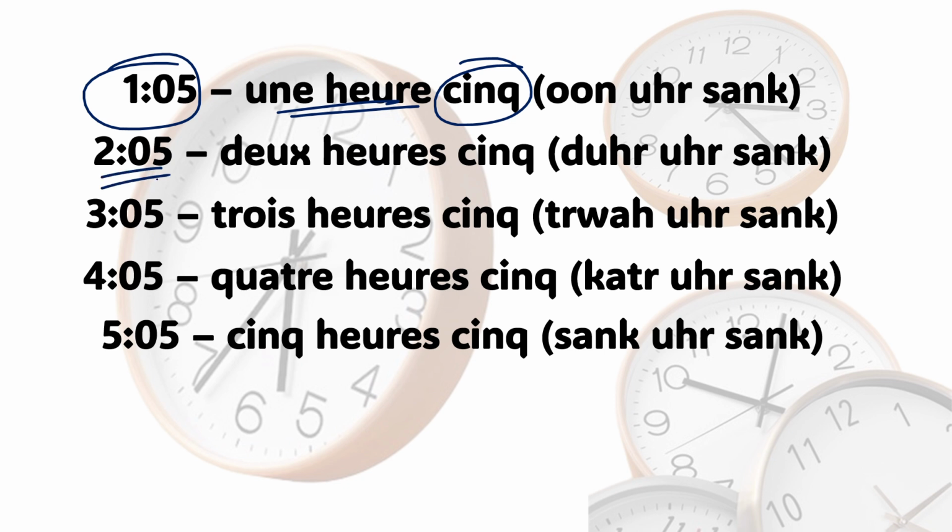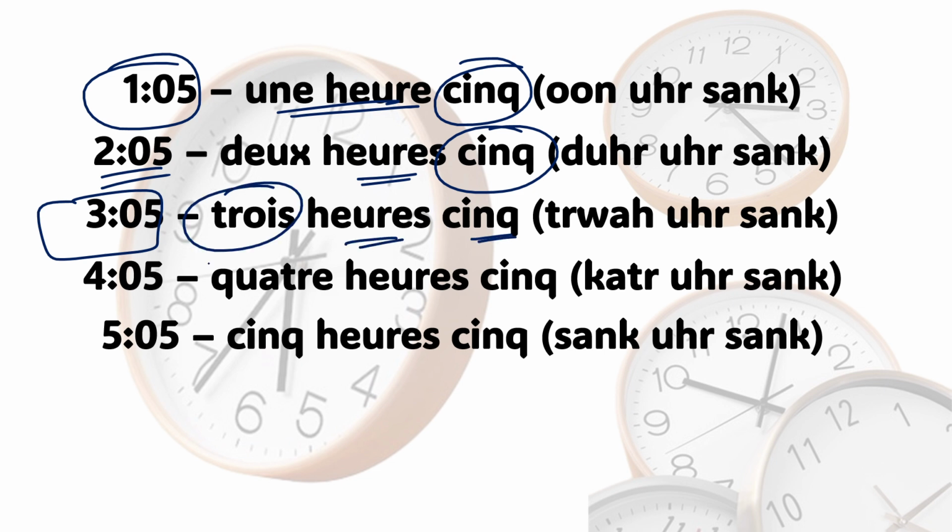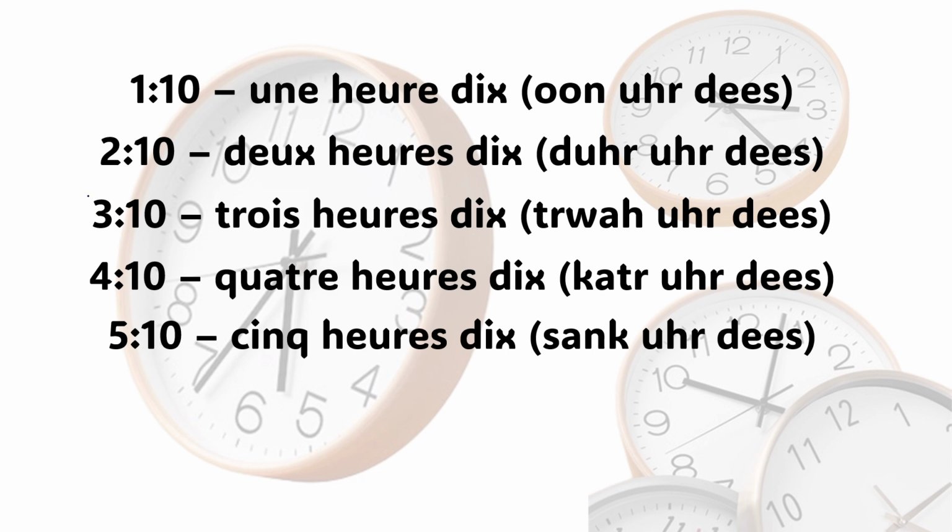Then if it is 2:05, deux heures cinq. 3:05 is trois heures cinq, that means 3 hours 5 minutes. Next, 4:05 and 5:05 go in the same manner: quatre heures cinq, and cinq heures cinq.